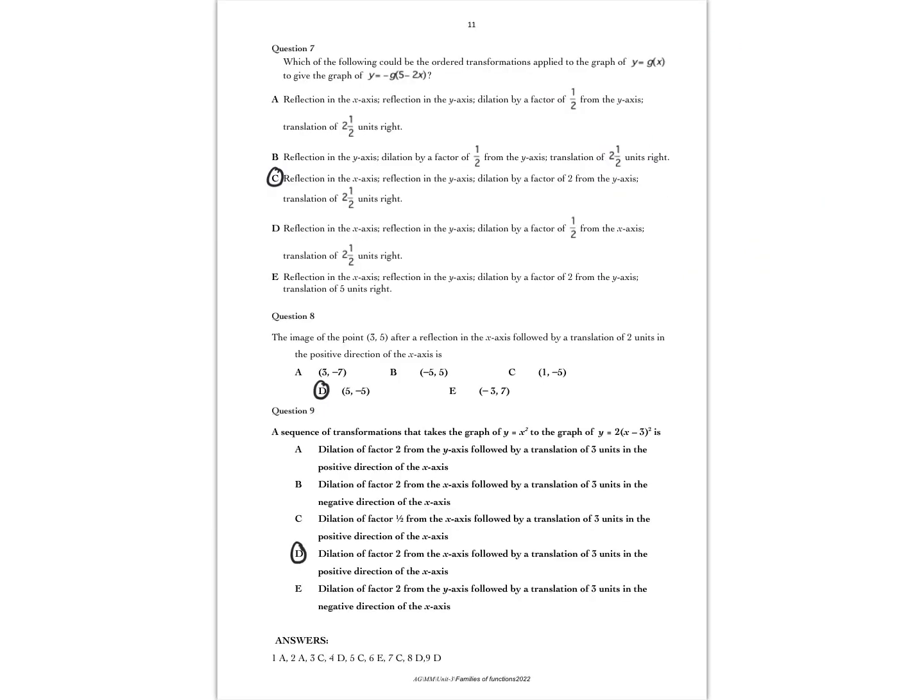All right, which of the following could be the order of transformations applied to g of x? Okay, this time I do want to work out. So if I rewrite, I'm going to have y equals g of x and negative y dashed equals g of 5 minus 2x dashed.